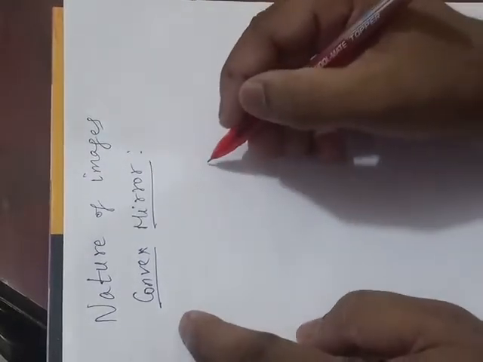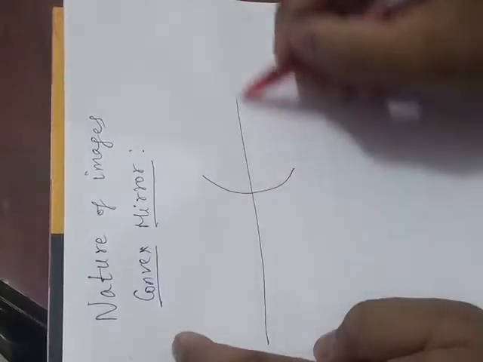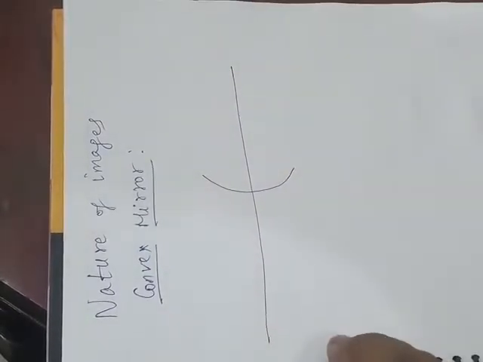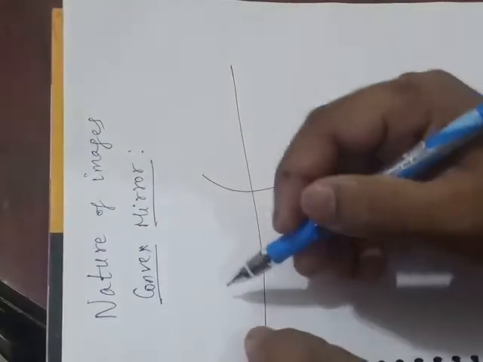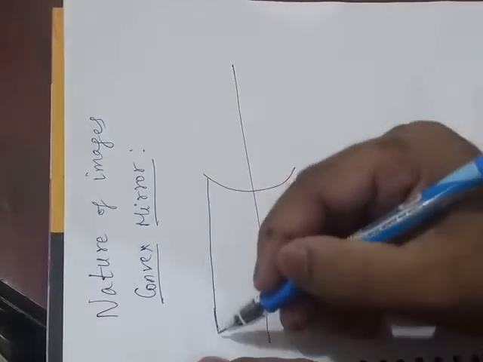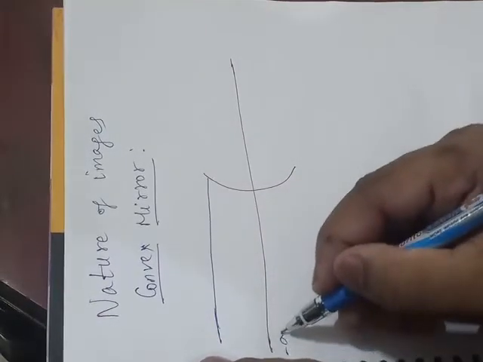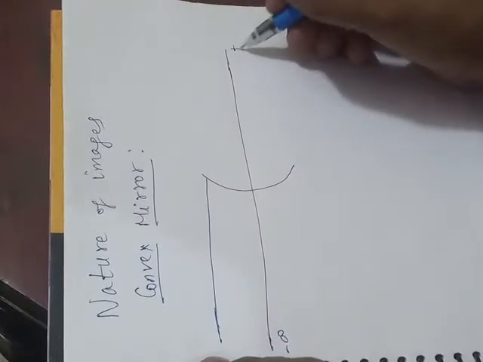Okay, so convex mirror. This is the convex mirror. If I take the object from minus infinity, on the x-axis the object can move from minus infinity to plus infinity, right?